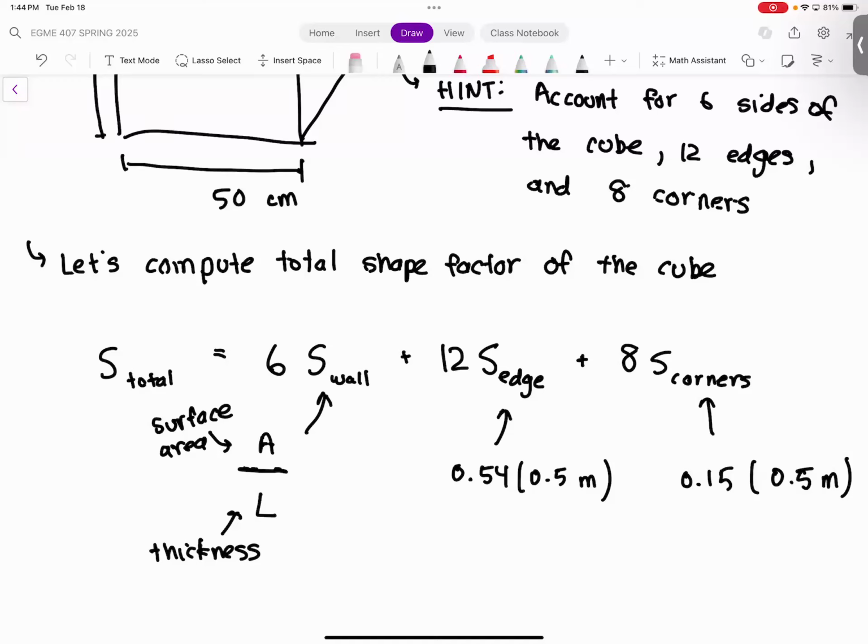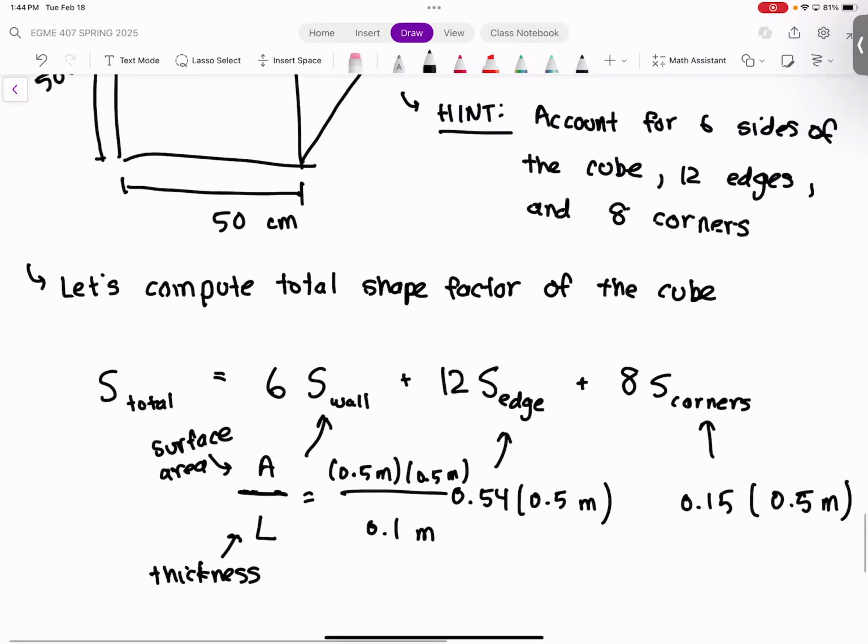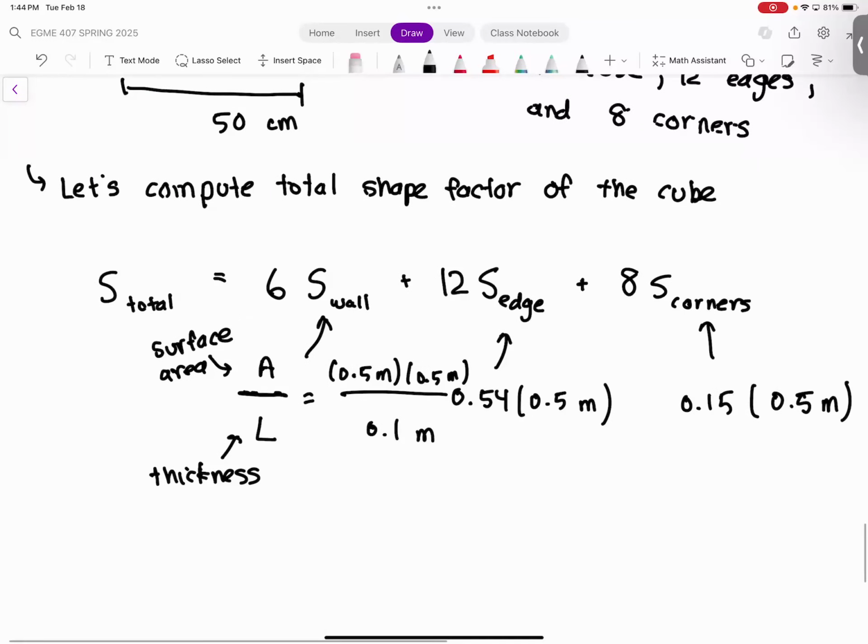The thickness of the walls in this problem is 10 centimeters. And so for this problem, the surface area is 0.5 meters times 0.5, because it's square, divided by thickness, which is 0.1 meters. Yeah, so that was something I forgot to give you in the problem. So in the problem, the walls have a thickness of 0.1 meters.